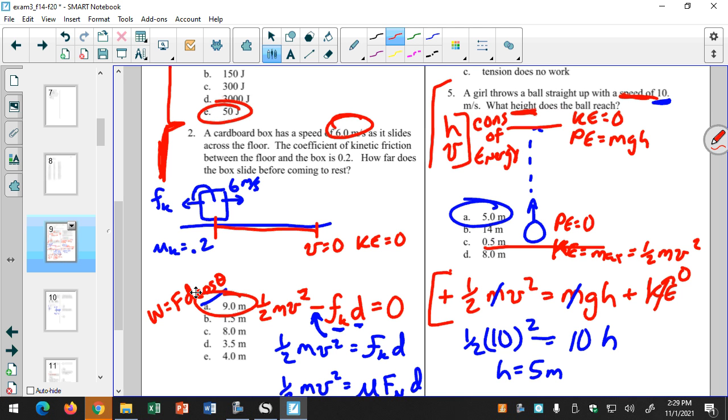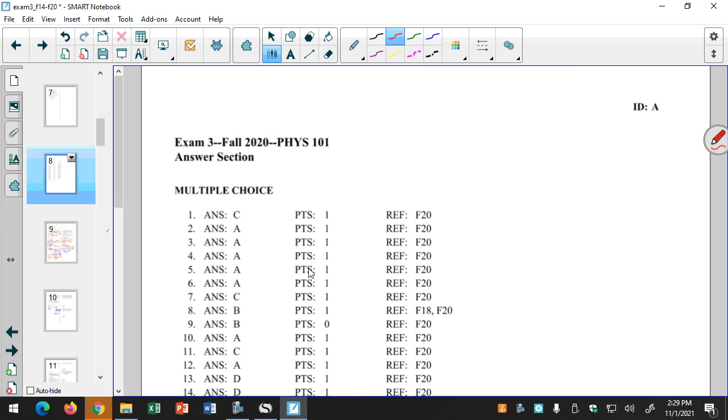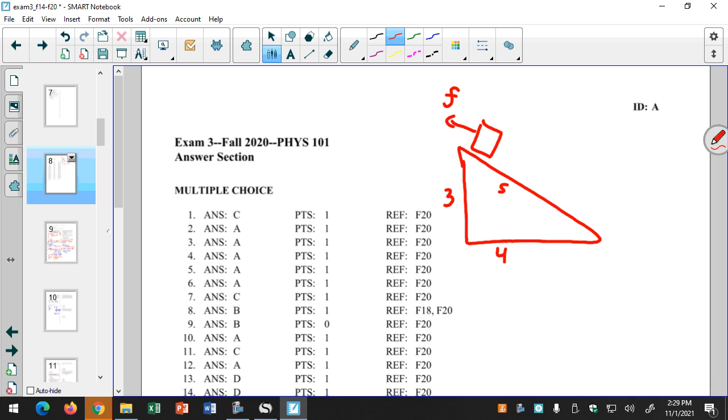Yeah, I'm thinking there was a problem, I don't know where it was. I think we've done it where I have a kid that comes down a slide, we'll say it's a 3, 4, 5 triangle, and he has some frictional force acting on him.